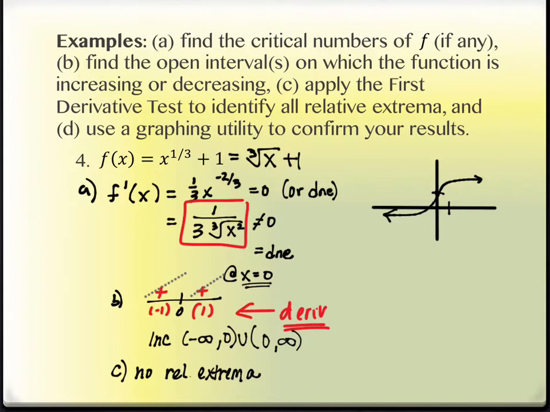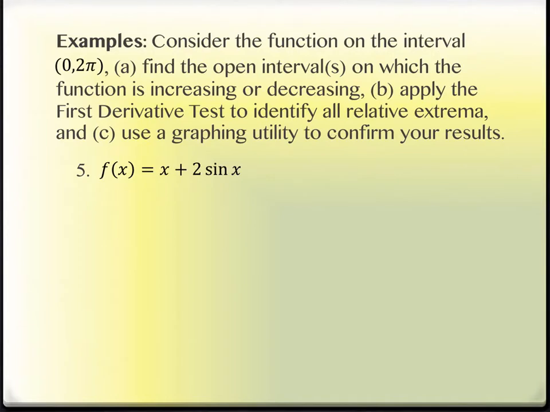Okay. One more. So the directions are a little bit different on this one. It says consider the function on the interval specifically 0 to 2 pi. That makes sense because we're looking at a trig function here. It wants us to find open intervals where it's increasing and decreasing. It wants us to apply the first derivative test, and it wants us to use a graphing utility to confirm.